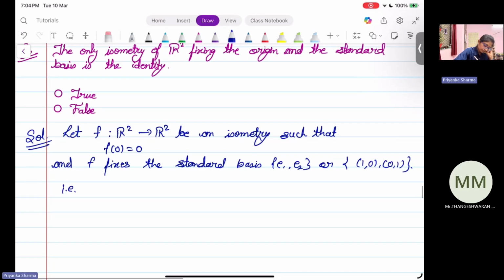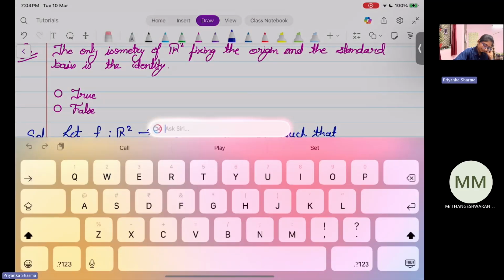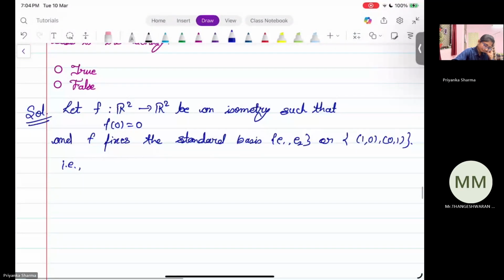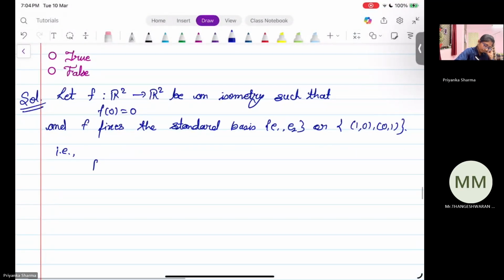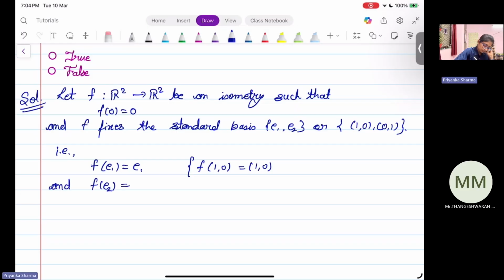that is, f(e₁) = e₁, f(1, 0) is (1, 0) you can say, and f(e₂) = e₂, or f(0, 1) is (0, 1).